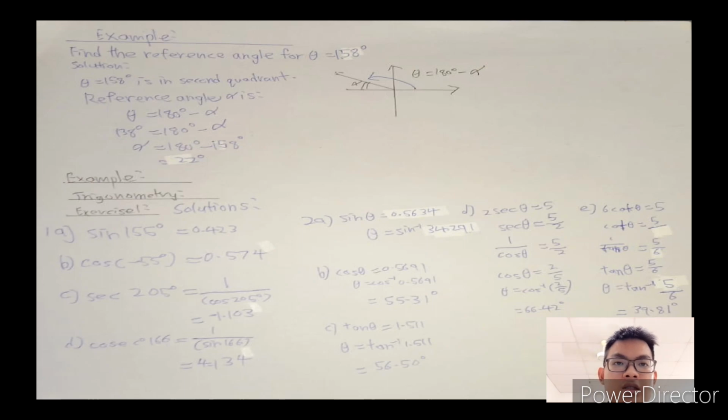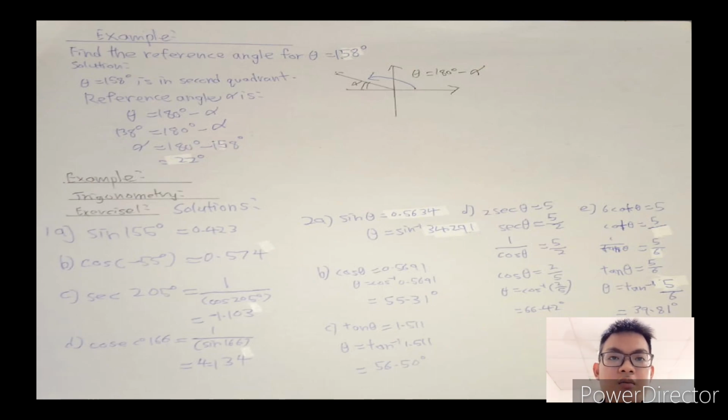The question is sin theta equals 0.5634. The solution is theta is sin negative 1 of 0.5634. The answer is 34.291.